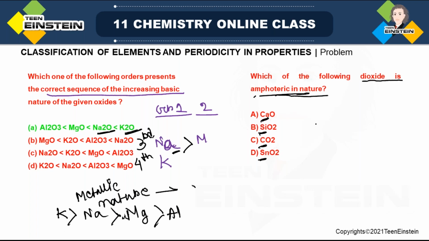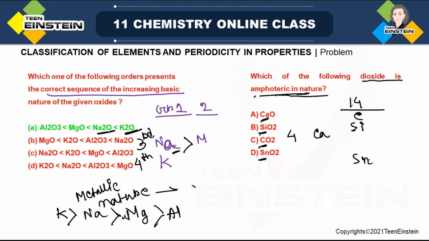So calcium, it is from group 2. Potassium and then calcium. So it is 4th period, and we have group 14. There is carbon, there is silicon, and we have tin also from group 14.